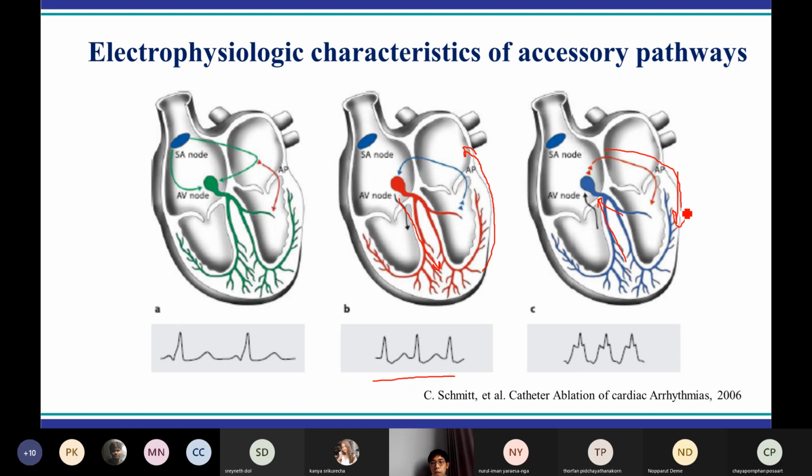And so it results in a wide complex tachycardia.